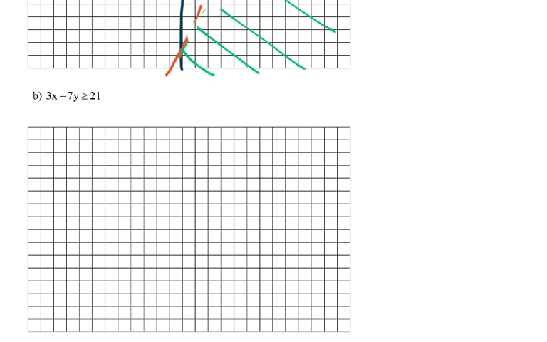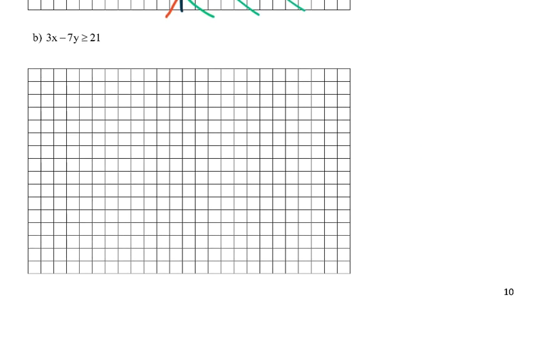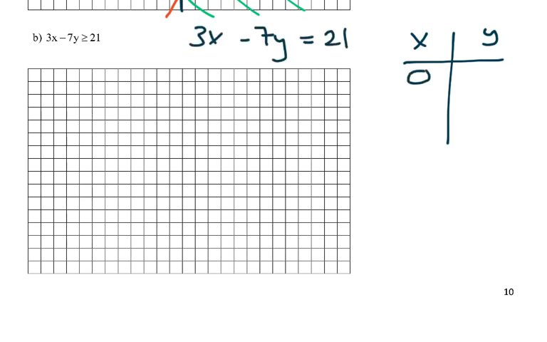Exactly the same situation then in B. We're going to need to draw this line 3x minus 7y is equal to 21. So again, we plot ourselves a nice table, x and y. When x is 0, we then have minus 7y is equal to 21, and so y is equal to negative 3.